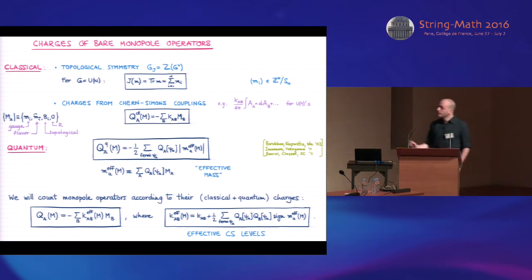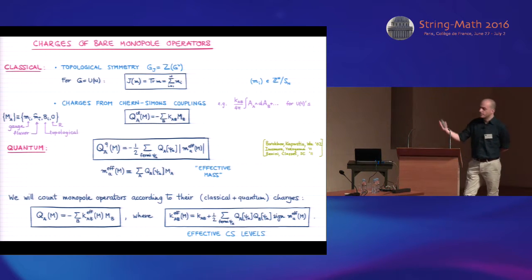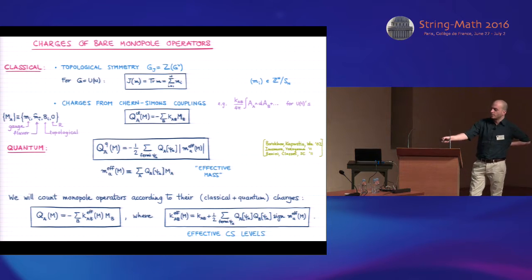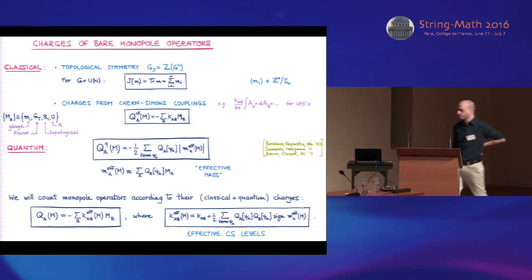So given a gauge theory and the matter content, you can compute these quantum corrections to the charges of monopole operators. And so we will count in our Hilbert series monopole operators according to their classical plus quantum charges, which are given by this expression in terms of an effective Chern-Simons level that contains a classical plus quantum correction.